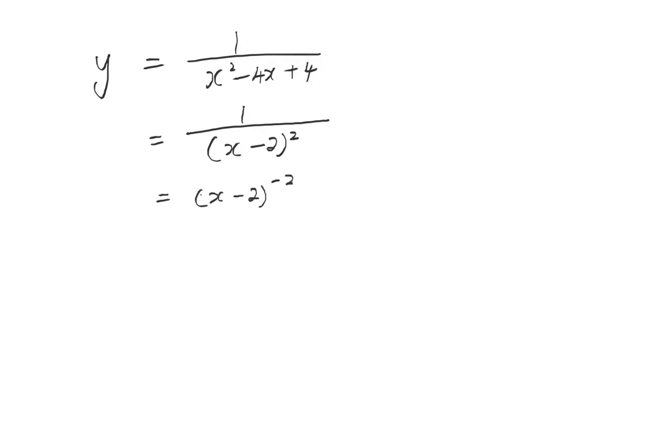Am I right? So therefore, my dy dx, I'm not saying all cases can be done in this way. This just happens to be this case. Multiply by the power, copy down the whole thing, power take away 1. Time by the derivative of x is 1, derivative of 2 is 0.